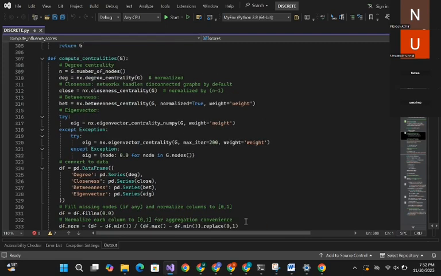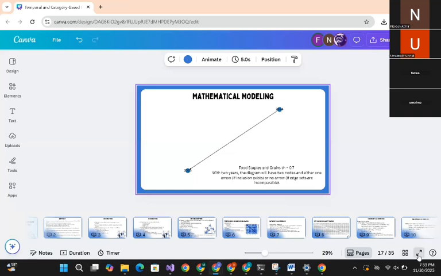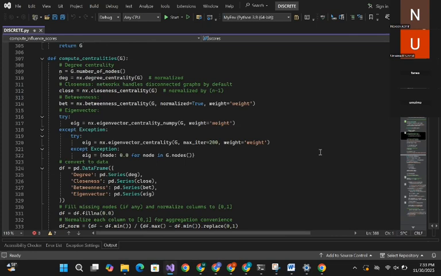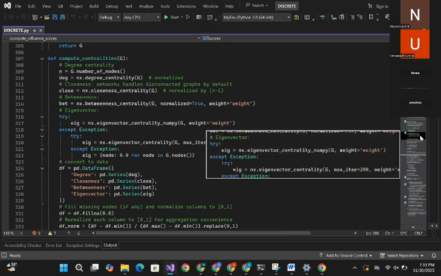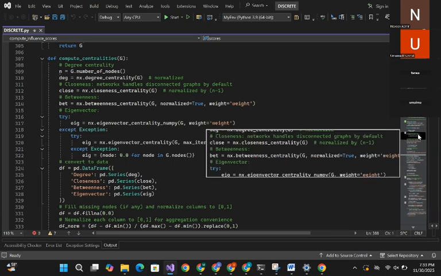Assalamu alaikum everyone. I am Farwa Fatma and I'll start by explaining my part in the code. In my section, I calculated all four centrality measures using NetworkX: degree, closeness, betweenness, and eigenvector centrality. These are computed separately for each graph. Then I normalized all centrality values so they could be compared fairly.